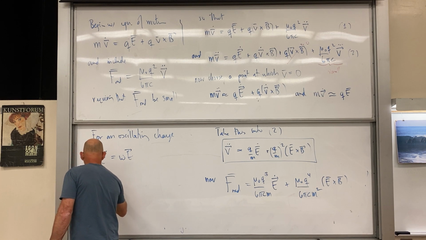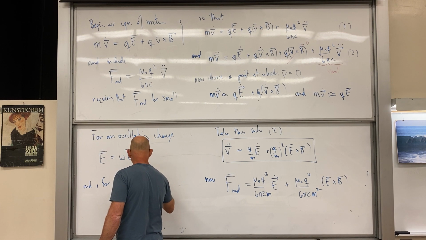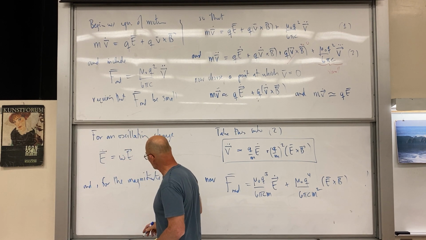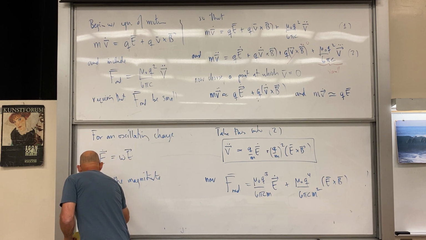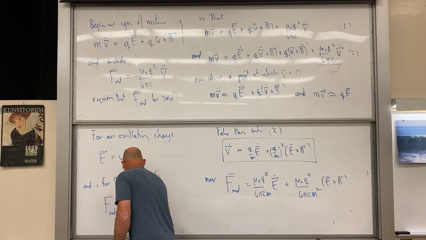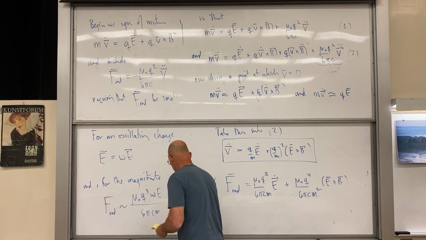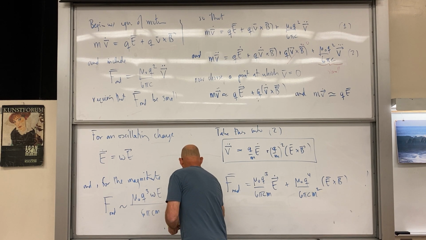And for the magnitude of the radiative force, of the reaction force, we'll drop the equal sign. We've got mu naught Q to the third omega E over 6 pi C M, and we've got mu naught Q to the fourth E B over 6 pi C M squared.